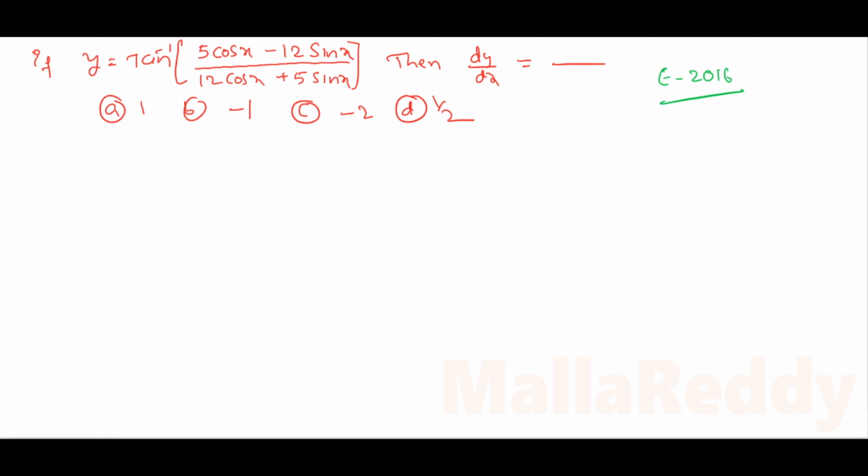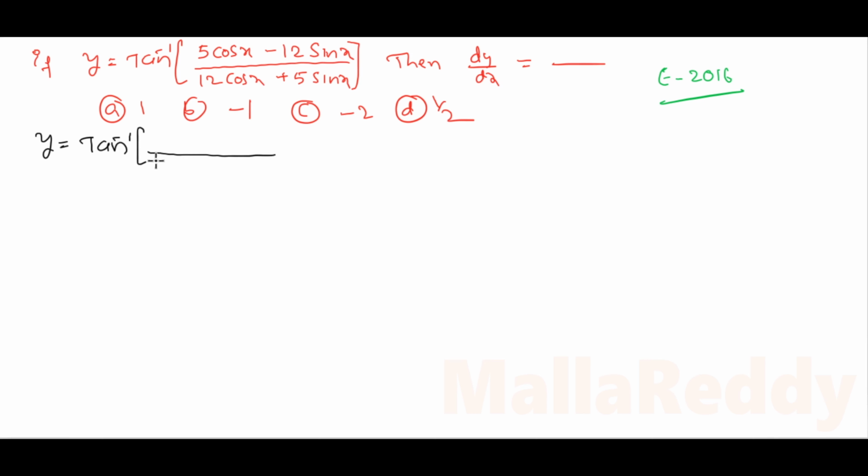If y is equal to tan inverse of 5 cos x minus 12 sin x by 12 cos x plus 5 sin x. So here y is equal to tan inverse of 5 cos x minus 12 sin x by 12 cos x plus 5 sin x.